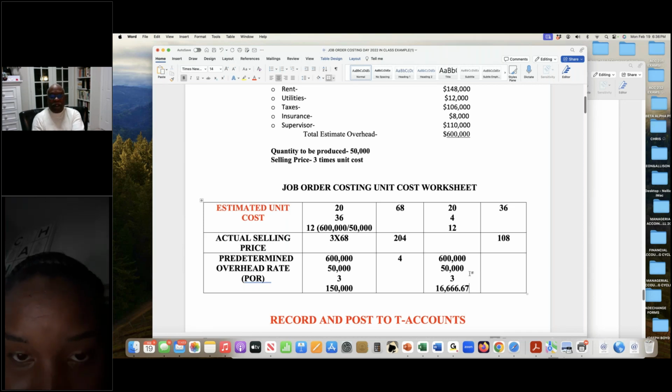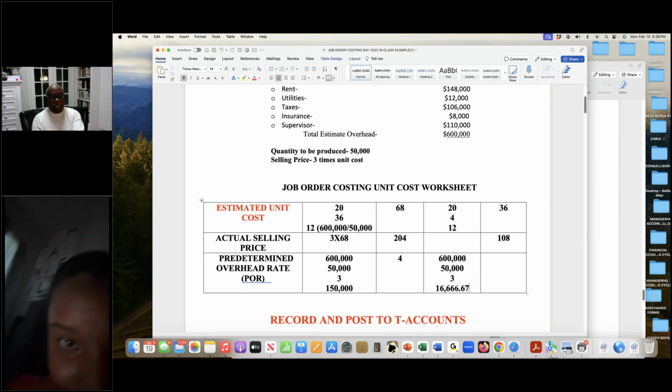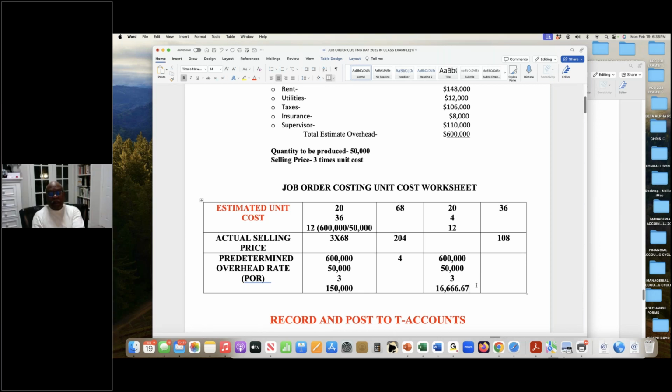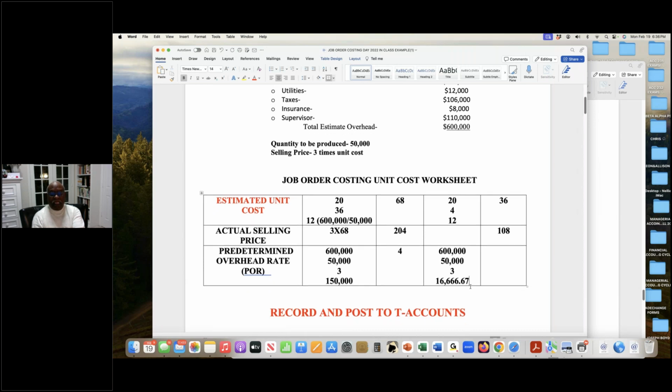Can we round that up to 67 instead of going to the decimal? Now you probably need to go 2 decimal places. So always go 2 decimal places, or you could possibly be too far off. So if it's 16,666.67, then what's our POR going to be?